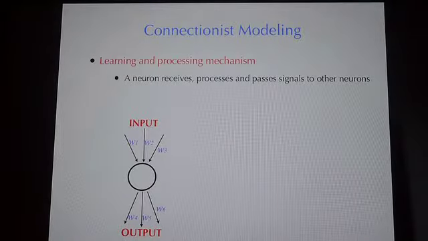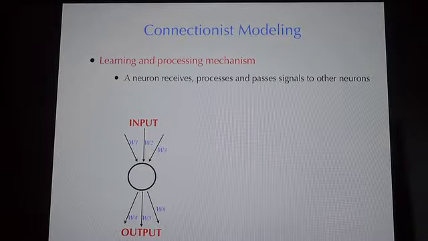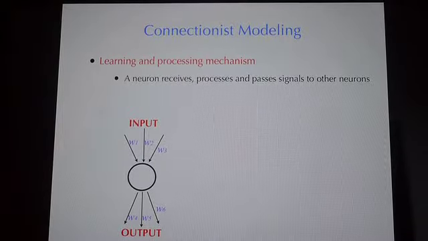Now, what I have talked about so far has been only about the static representation of knowledge. But how does the model actually learn to produce the correct set of features based on receiving a set of features as input? As I said before, the core of each unit is a simple processor.